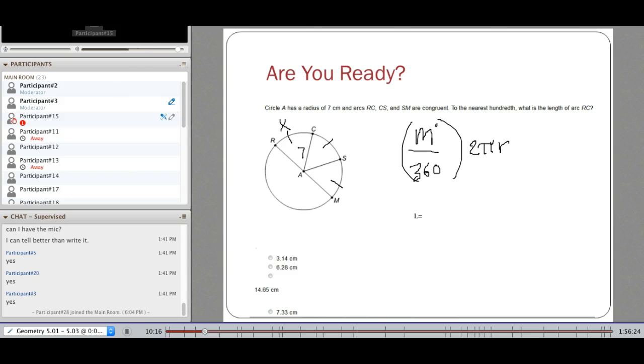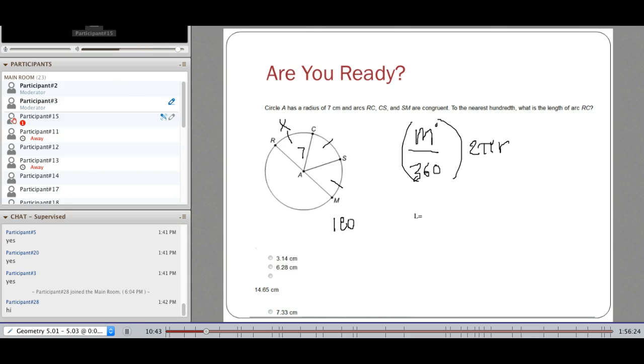To figure out what the angles were, I took R to M, and I know the arc R to M is 180 because it's a semicircle.